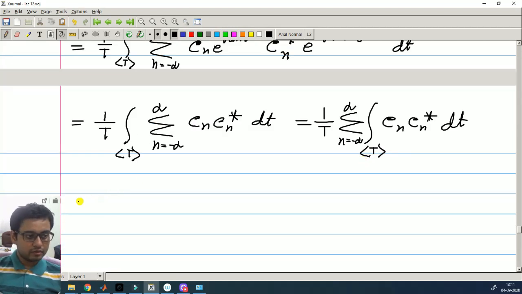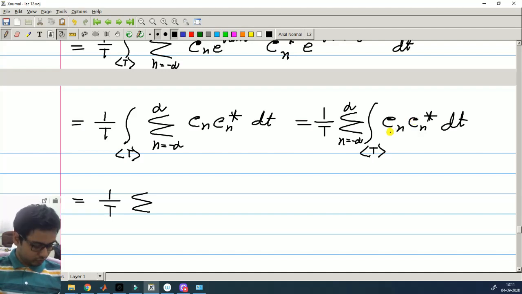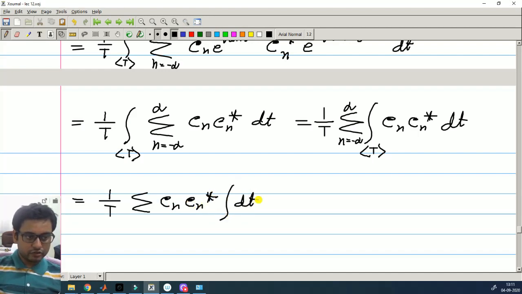Now this is 1 over T summed. Now Cn star is not a function of time, so we can put it outside the integration of dt from minus infinity to plus infinity.